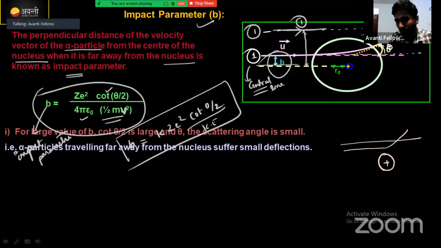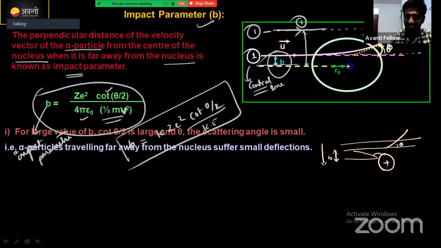If it is approaching exactly at the center, or slightly off the center, it will be scattered more. Here it is saying that as this impact parameter distance, the b value, decreases from the first line toward the center, the value of the scattering angle increases.